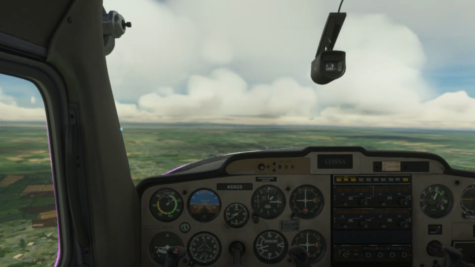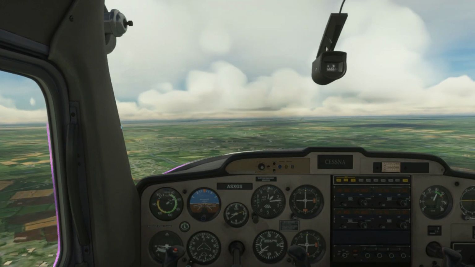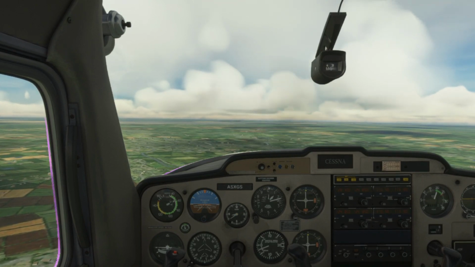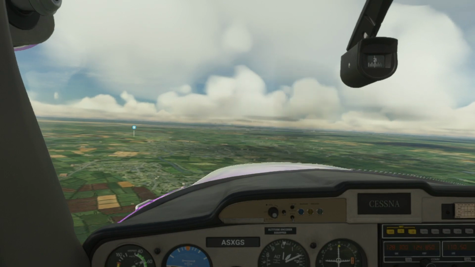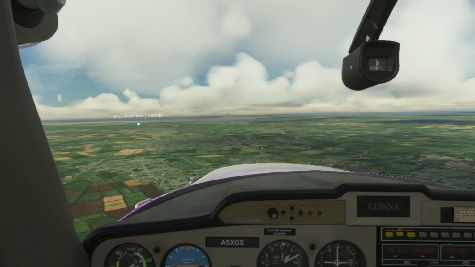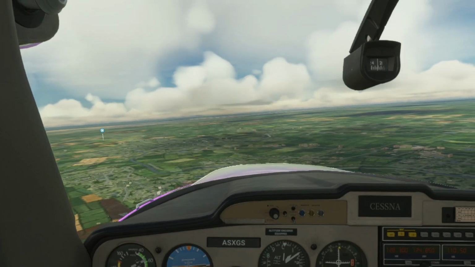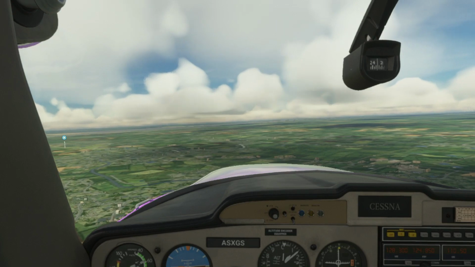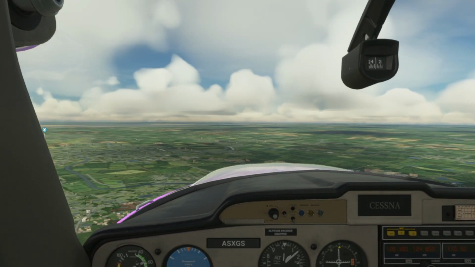Now all we have to do is line the plane up for the runway, keep the plane at a 60 knots speed, which is the optimal speed for landing. And as you can see, we have to check the altitude as well. Check it constantly. And then we have to line up with the runway, and get ready for a smooth landing.